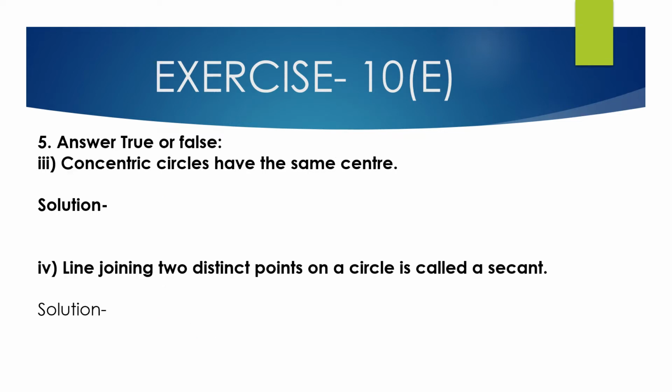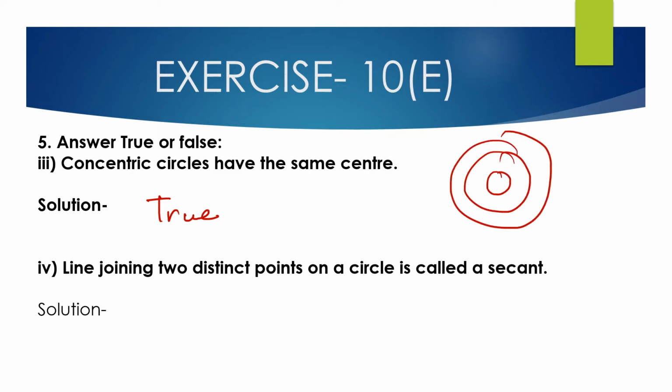Now third bit. Concentric circles have the same center. This is true. This is a concentric circle. This is the same center O. This is A, this is B, and this point is C. So O is the center.